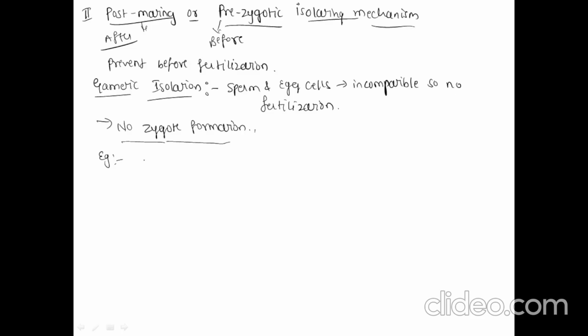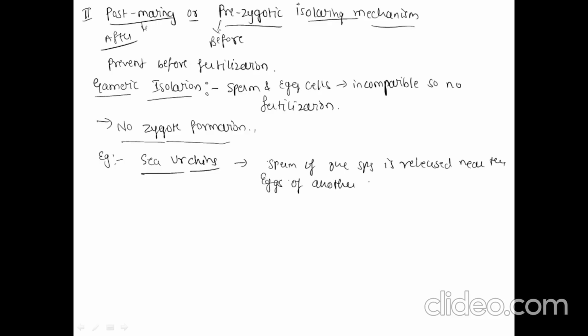Even though the egg and sperm are close together, there is no fertilization due to protein mismatch between the egg and sperm of these two species. This is gametic isolation.